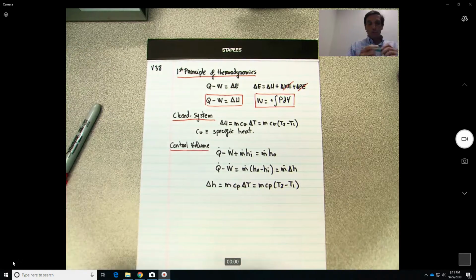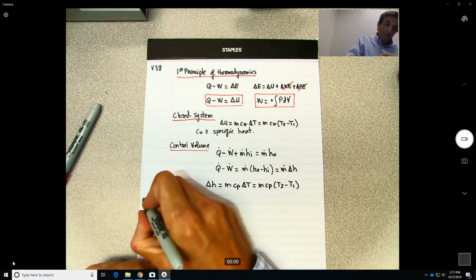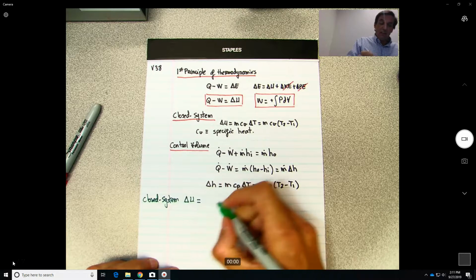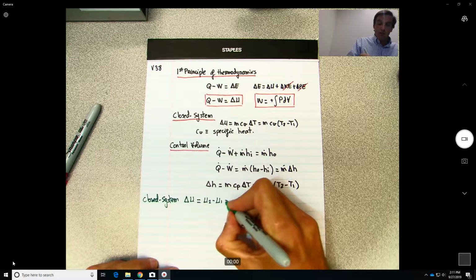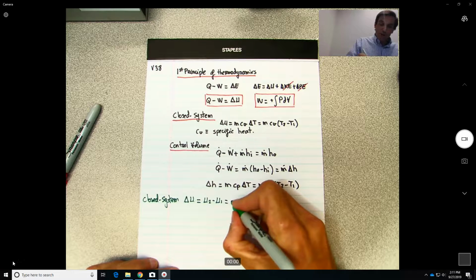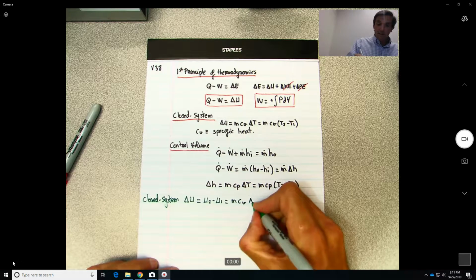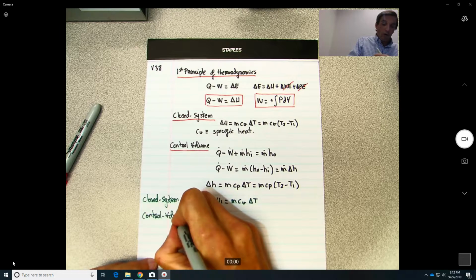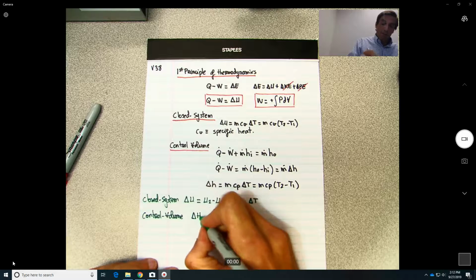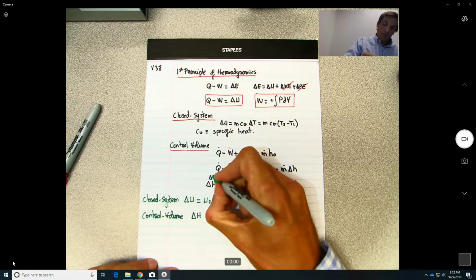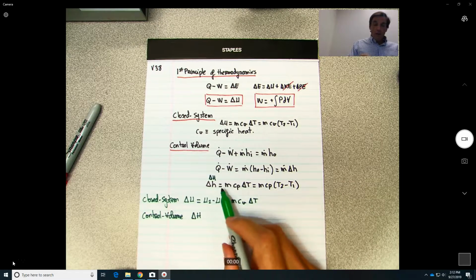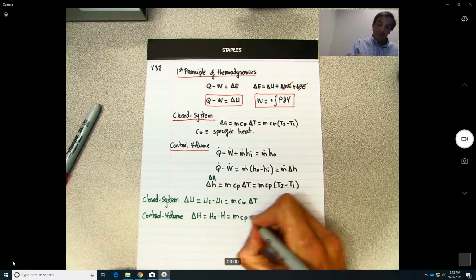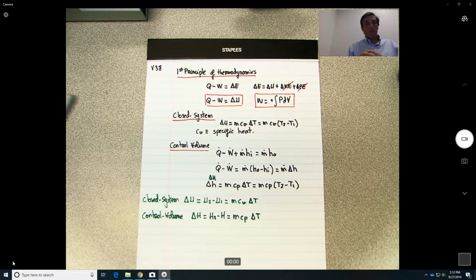What is important for you to remember is that for closed systems, you will always be dealing with internal energy, and this is the general expression, but in the case of an ideal gas or ideal substance, you can write this as m C sub V delta T. For a control volume, or what I like to call an open system, you deal with enthalpy, which can be lowercase or really should be uppercase over here, and will be equal to H2 minus H1, or m C sub P delta T. So that's where you need to be careful.